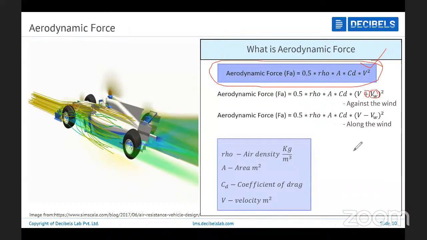If we are moving along the direction of the wind, we have to subtract it, so it is somewhat supporting. Yeah, so these are some alternative equations. If you have precise data, we can go for these calculations also. But for our calculation, we'll be using this equation. Just make a note of it.